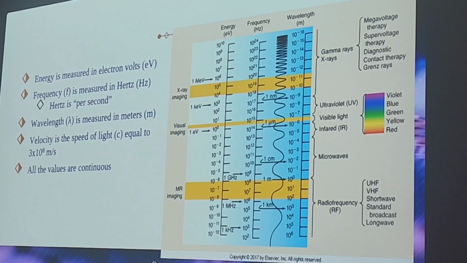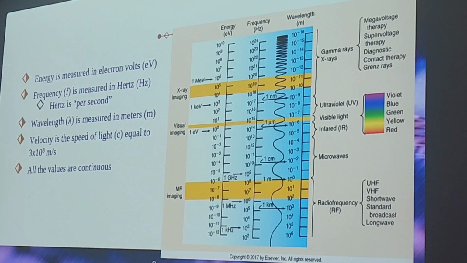It doesn't go from 10 to the power of 5 to 10 to the power of 50. All values of velocity are continuous. All the values that you find on the electromagnetic spectrum are continuous, like 0, 1, 2, 3, 4, 5. Energy is continuous, there's no break.